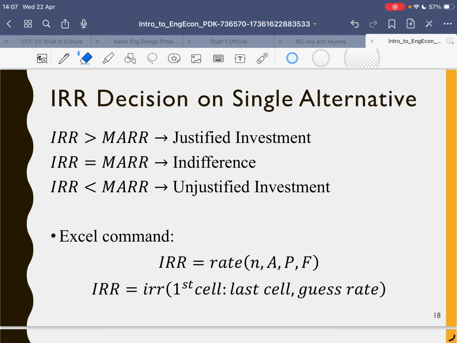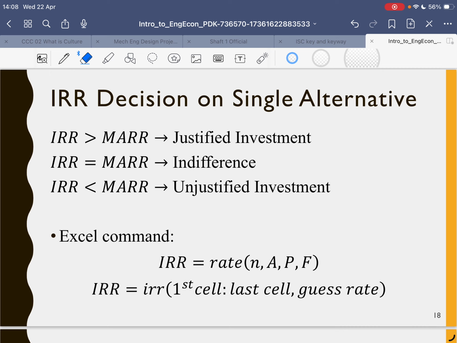per year. So if IRR is greater than MARR, hopefully you can remember MARR, right? If the IRR of that project, the return of that project, is higher than the minimum acceptable rate of return, that means that project is financially justified. Say it again, because IRR is the return of the project.